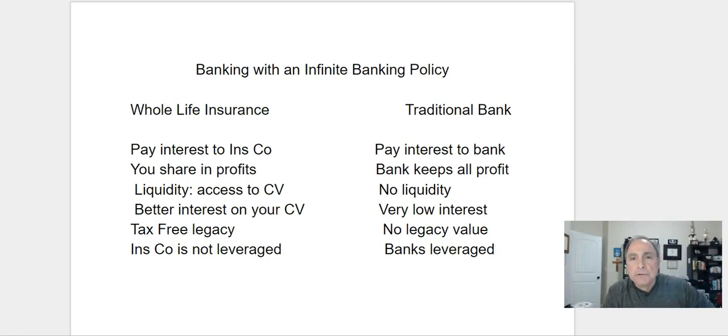That, my friends, is the power and the wisdom of using an infinite banking policy, of getting an infinite banking insurance policy and using it to finance the rest of your life.